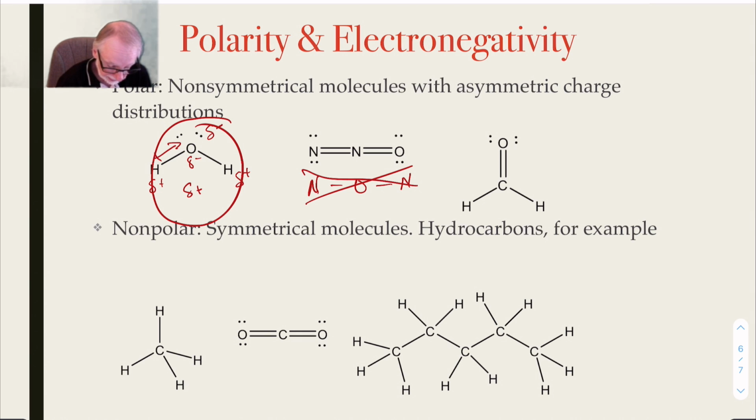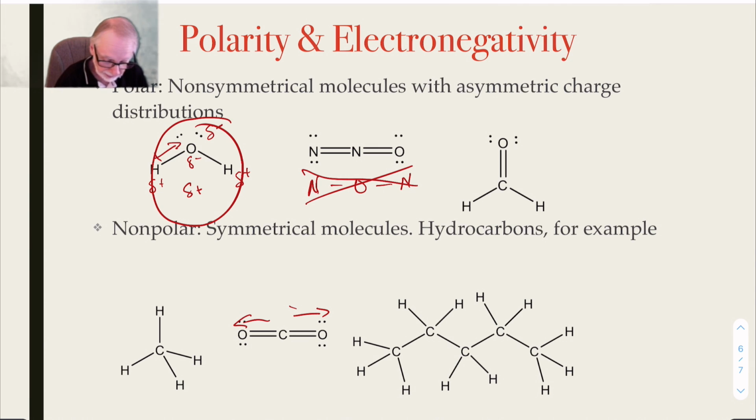And again, even though oxygen is more electronegative than carbon and is going to pull electrons toward it, it's like a little tug of war, where both oxygens are pulling electrons from the carbon, but they're both pulling the same way. They both have the same electronegativity, so nobody wins that tug of war, and the overall charge distribution is symmetrical.